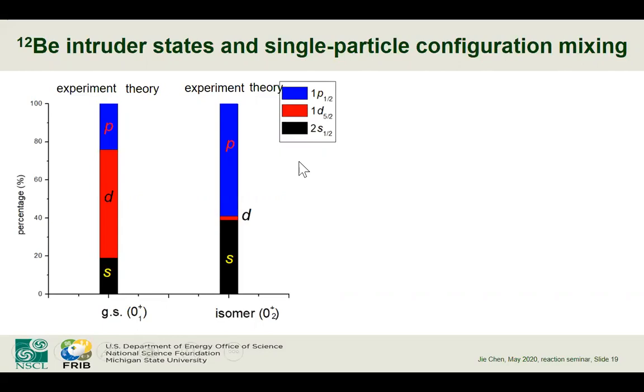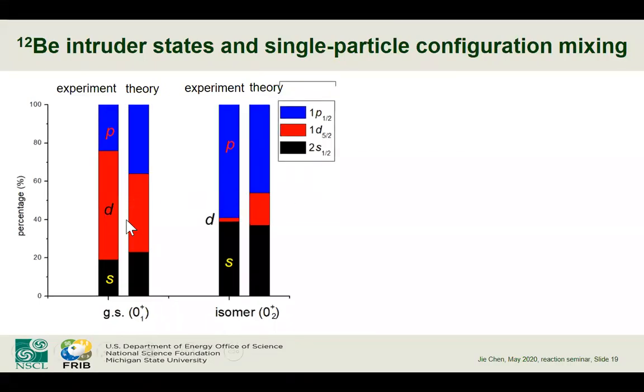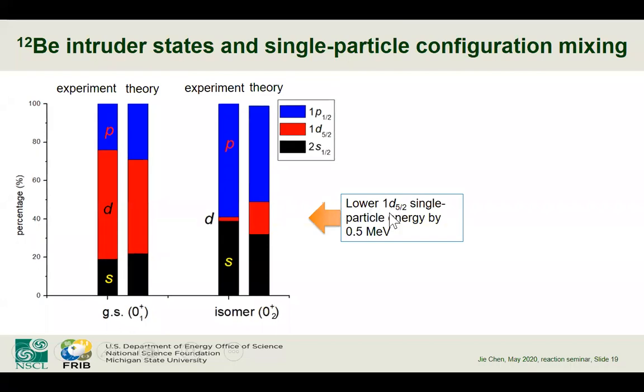We carried out the shell model calculation using the WBP interaction from Cenxi Yuan, and we can see that compared with the experiment, this calculation underestimates the d-wave component for the ground state and the p-wave component for the isomeric state. So we lower the d5/2 single particle energy by 0.5 MeV. This gives a much better agreement with the experiment.